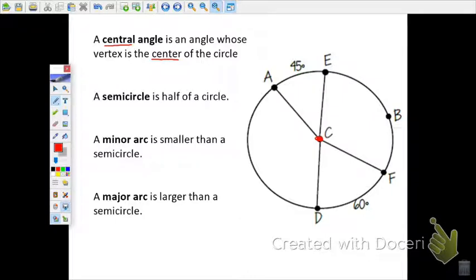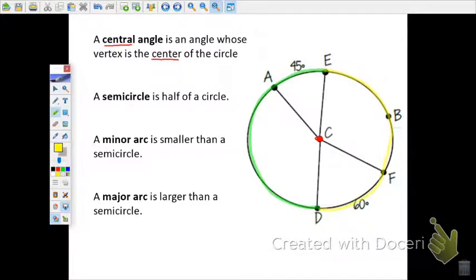So when I look at my diagram, I have my diameter, ED, that is cutting that circle into two halves. So two semicircles. One of my semicircles can start up here at E and go around the left side. And the other one goes around the right side.